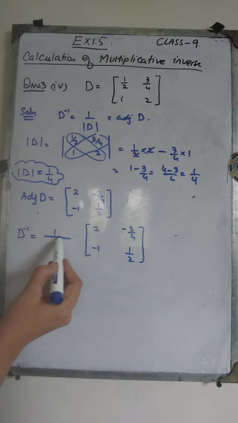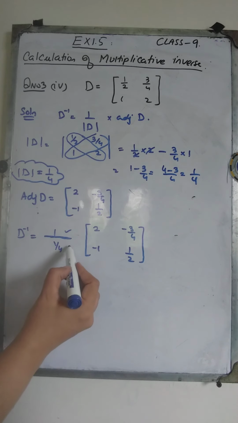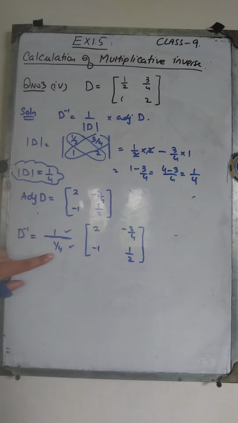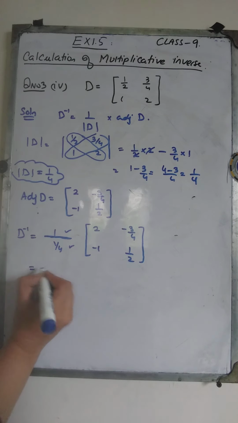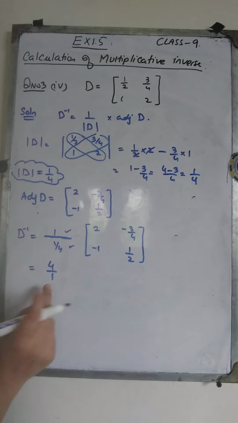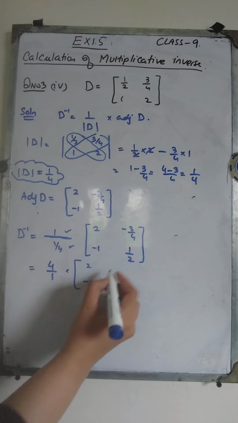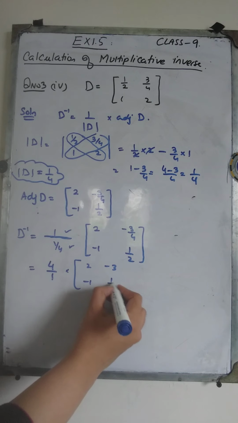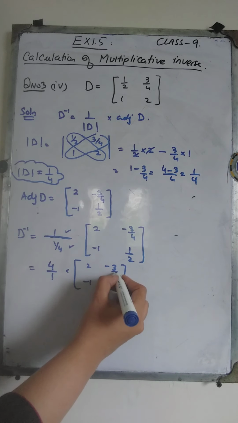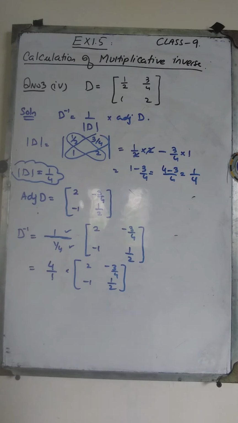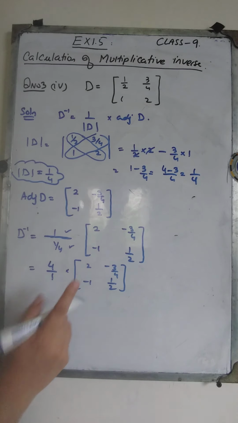So you have a main fraction whose numerator is 1 and denominator is 1 by 4. Then this denominator will shift to the numerator. You can write it as 4 over 1, which is 4, into the matrix 2, negative 1, negative 3 by 4 and 1 by 2.